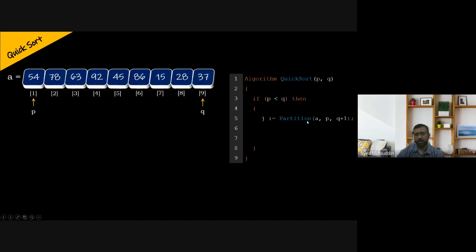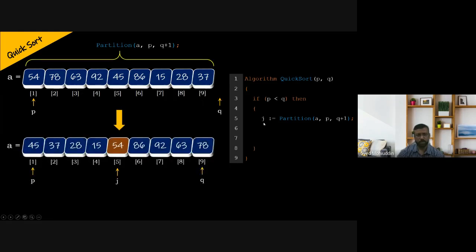Once the partition algorithm completes, it returns the index of the pivot element. So when the index of the pivot element is returned, that element is in its sorted position. Then we have to perform quicksort on the left partition. The left partition will be from index p till j minus 1. This element j is already in its sorted place.